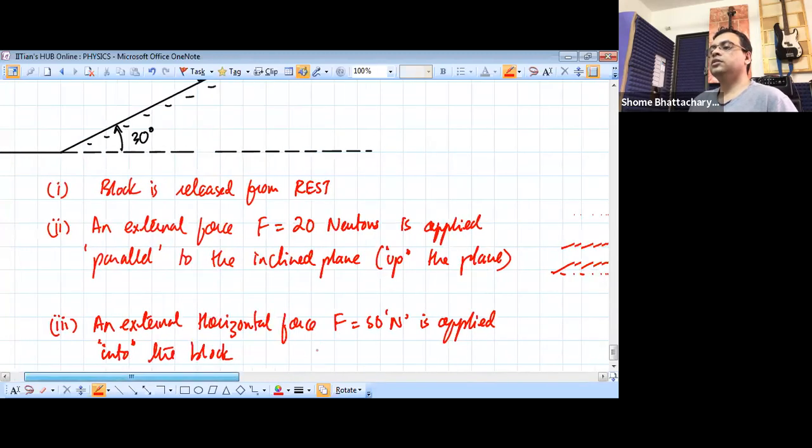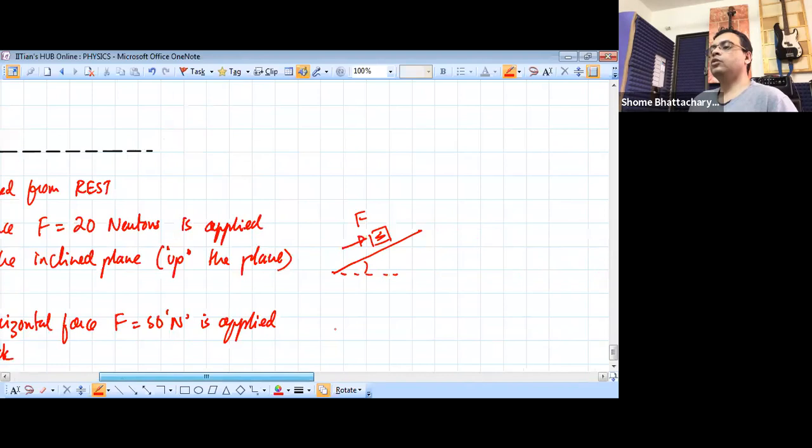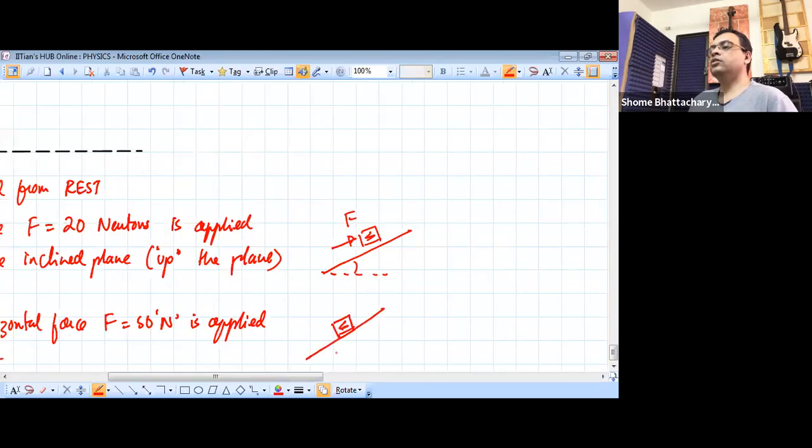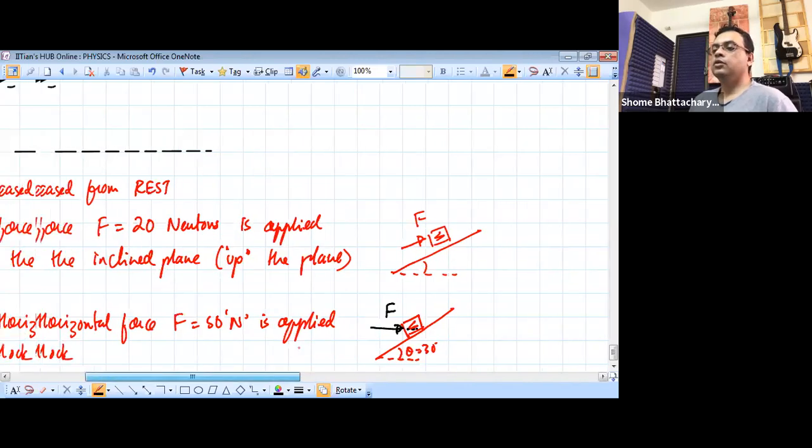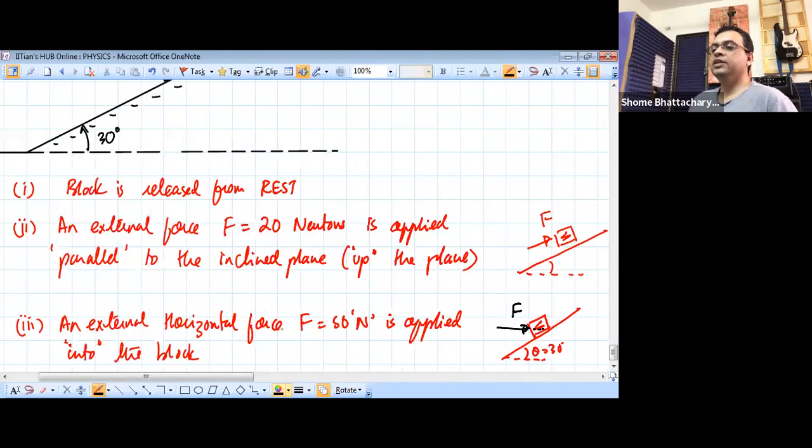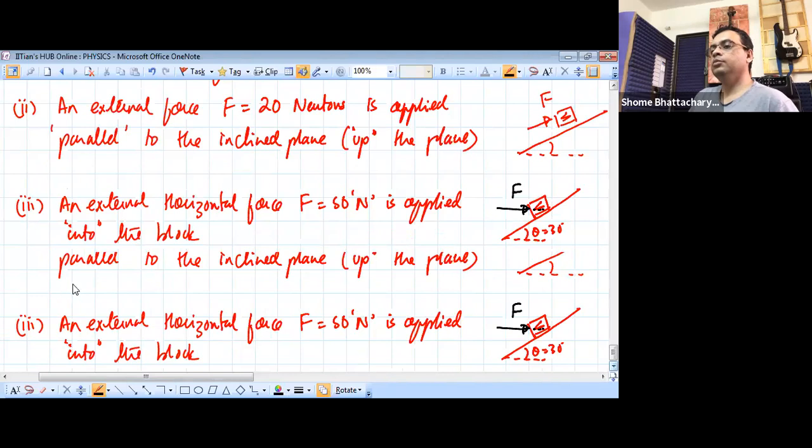That is, in this case, if the block is like this, this is the horizontal direction. Now we are applying a force like this, a horizontal force, which is driving it into the inclined plane, towards the inclined plane. Kind of a force is applied to the block. So in each of the cases, you have to make the free body diagram and calculate the block's acceleration.